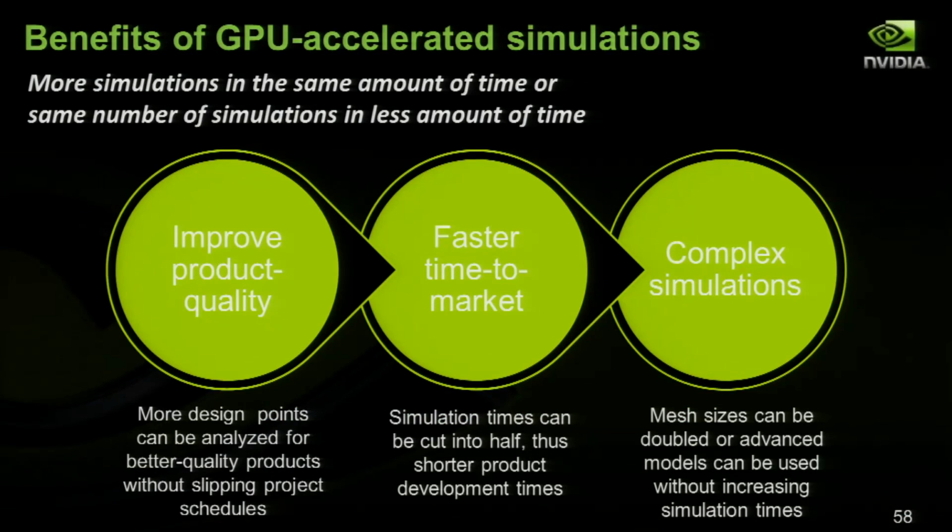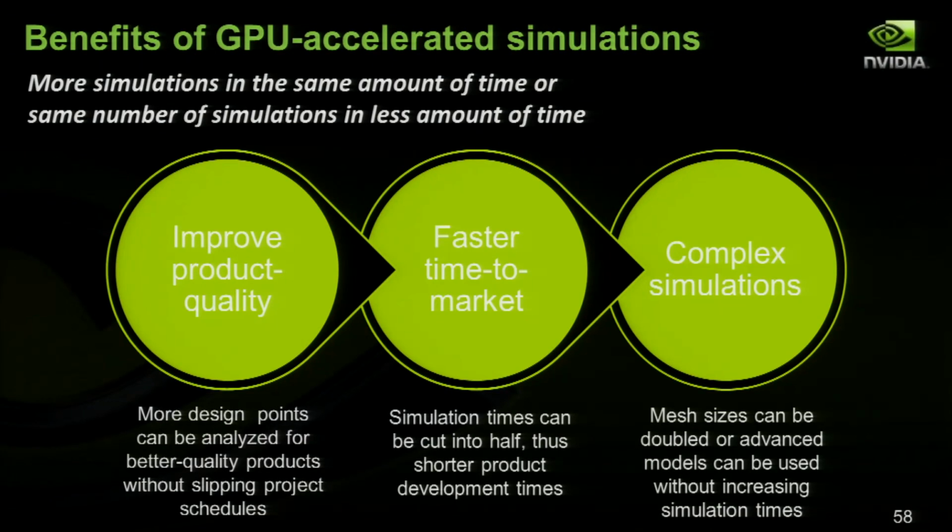So just to conclude, what are the benefits of GPU accelerated simulations? If I can conclude in just one sentence, you could do more simulations in the same amount of time, or the same number of simulations in less time. What that translates to is some value.